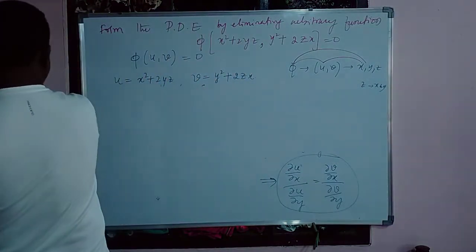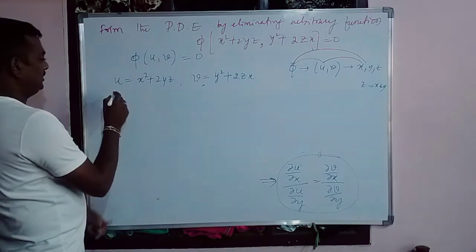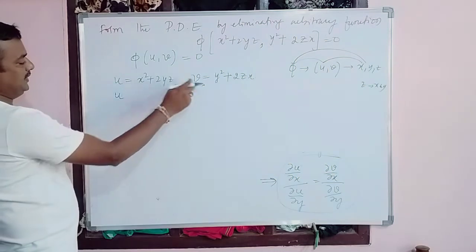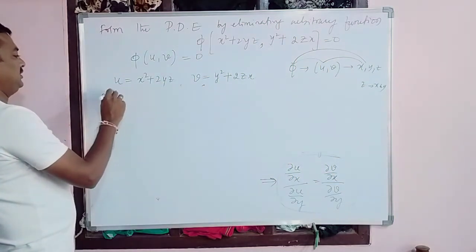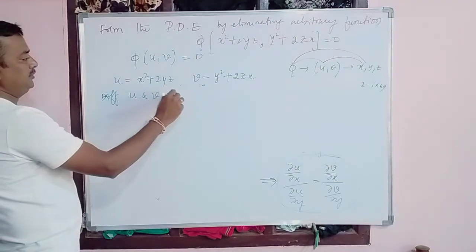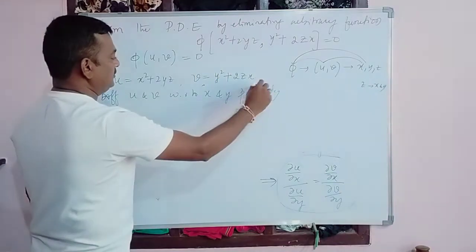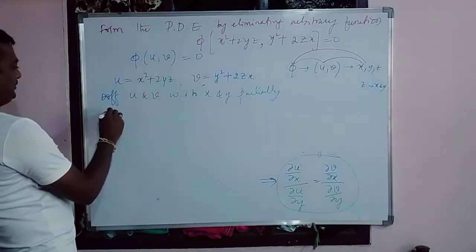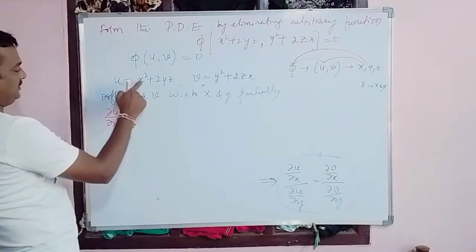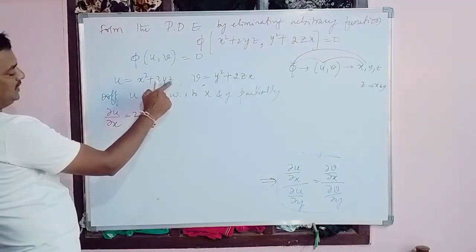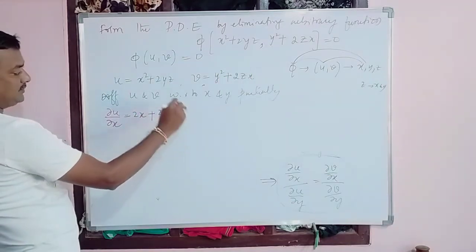We have already said phi of u comma v is equal to 0. So differentiate u and v with respect to x and y partially. What is dou u by dou x? With respect to x, x square gives 2x. For 2yz, you know that z depends on x and y, so 2y is constant, and the differentiation of z is dou z by dou x.